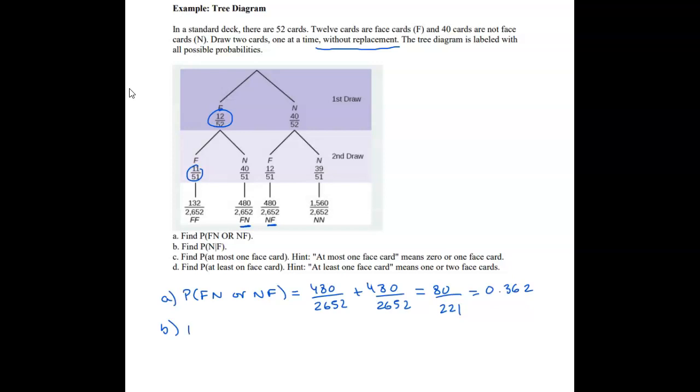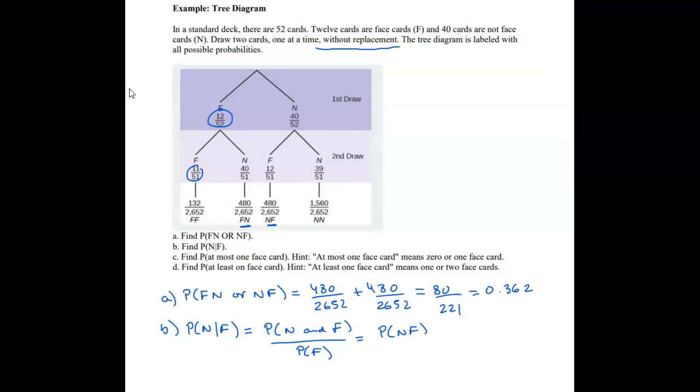All right, let's find the probability of picking a non-face card given that I picked a face card. So we could use the formula: probability of N and F divided by the probability of F. So probability of N and F is just NF, right?